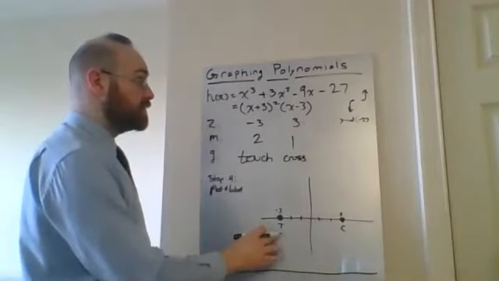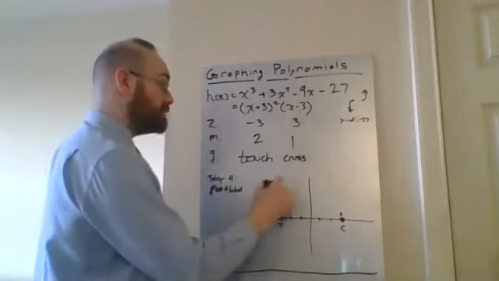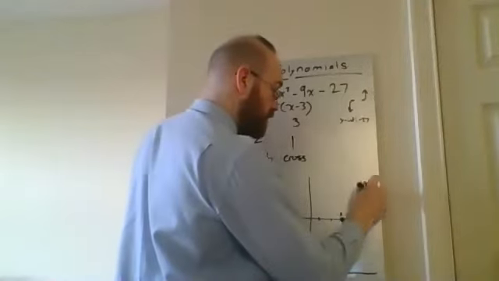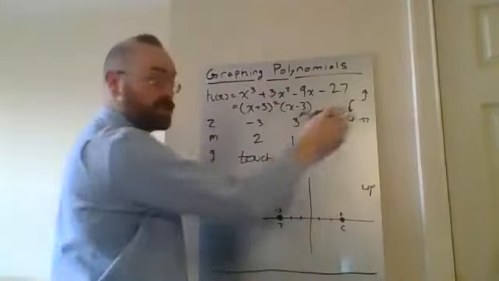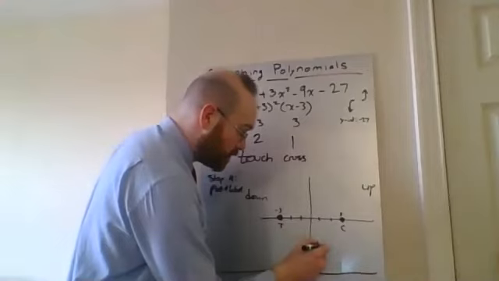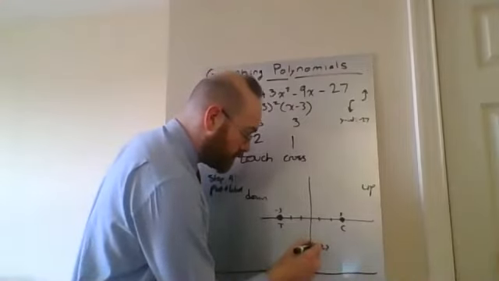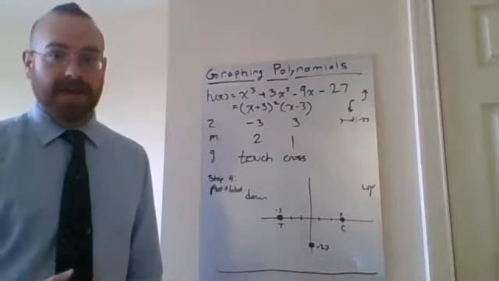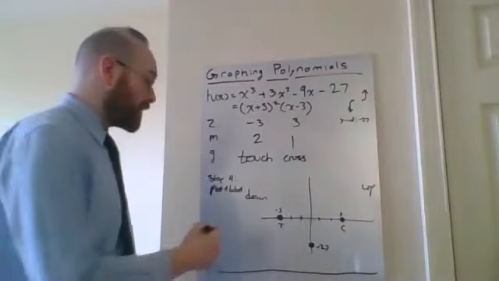And then end behavior is going to be down on the left, up on the right, according to what we found at the beginning, and the y-intercept is negative 27, all the way down there. Again, the scale on our axis does not need to match if we're drawing this by hand.